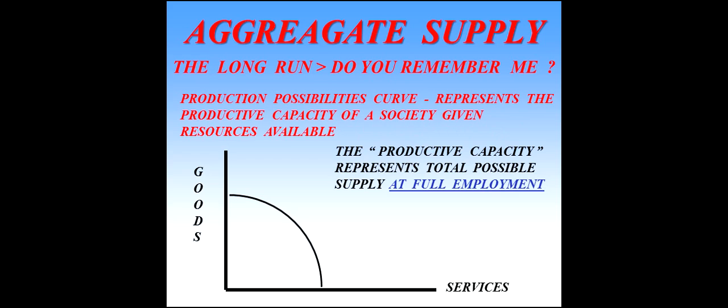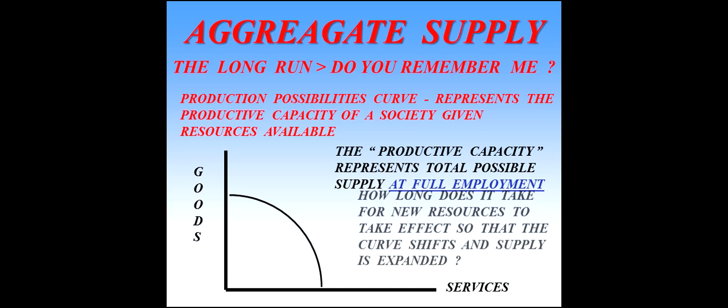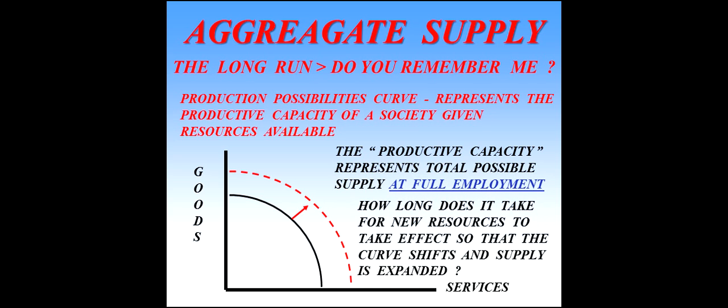And the productive capacity represents the total possible supply at full employment. So that leads us to a question. How long does it take for new resources to take effect so that the curve shifts, in this case to the right, and it increases the productive capacity of the society, and supply is therefore expanded?